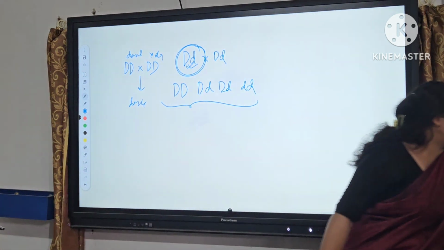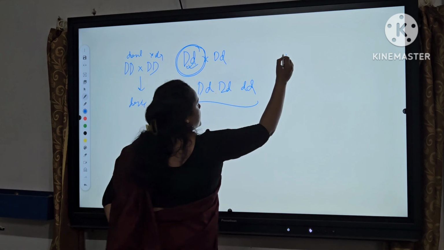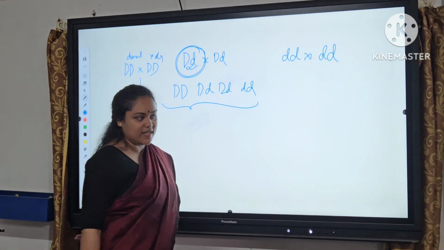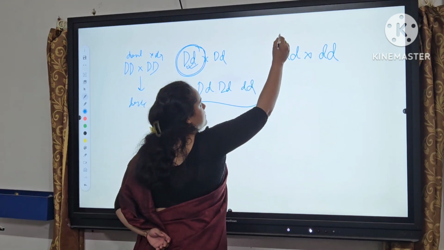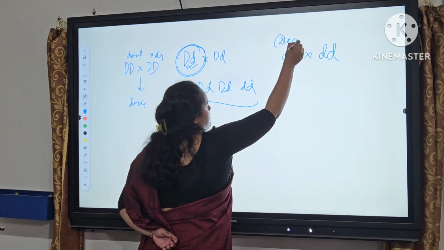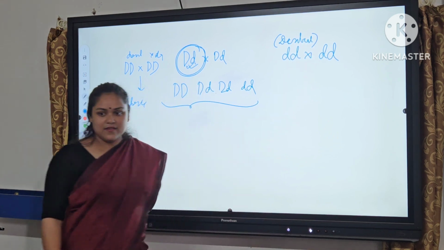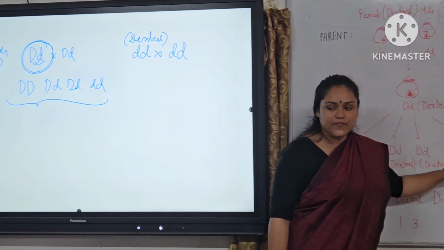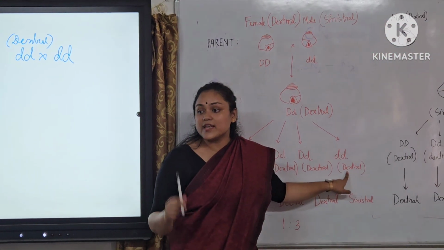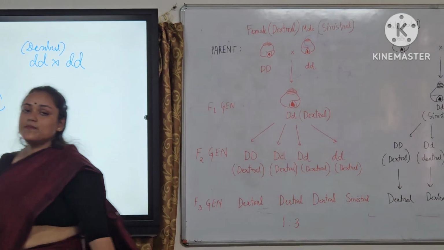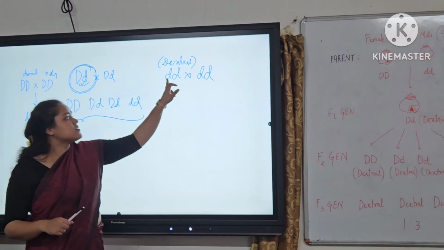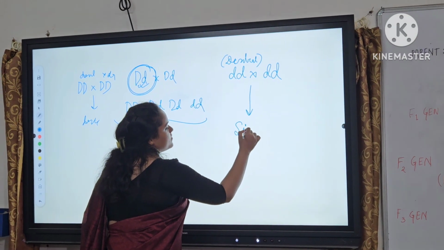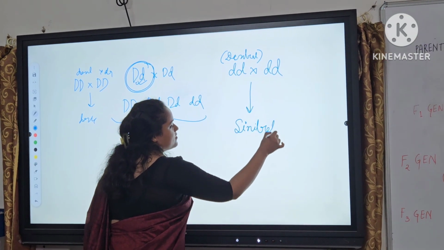Now let's come to this. When we cross two small d, what is the phenotype? See here, the genotype is small d and the phenotype of the offspring is dextral. Now come here. If we do a cross between the small d, what is written there? That all the offspring will be sinistral. It's quite confusing, isn't it?